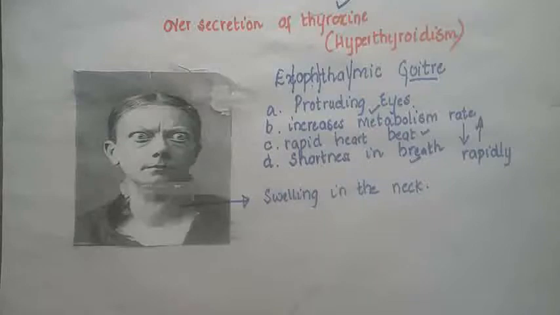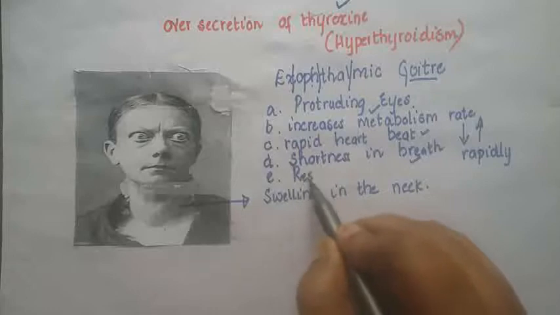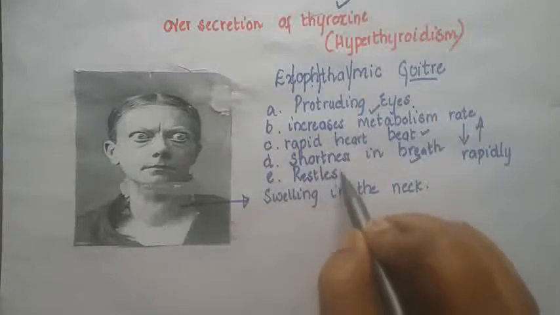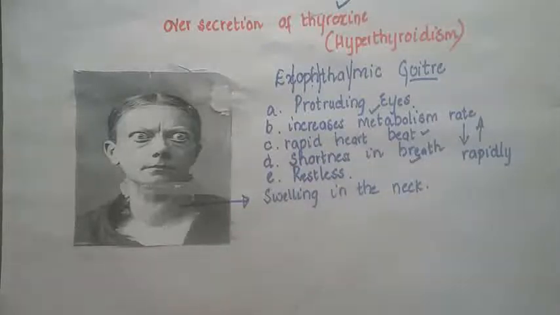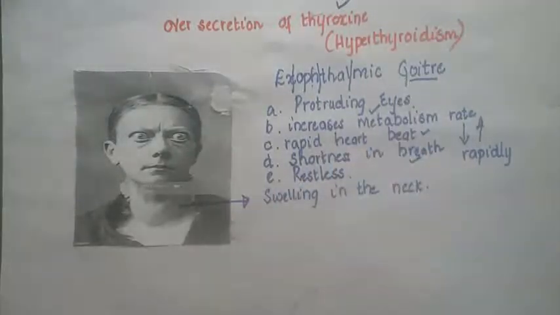Children, along with that, the person also becomes restless. So these are a few symptoms related with exophthalmic goiter.